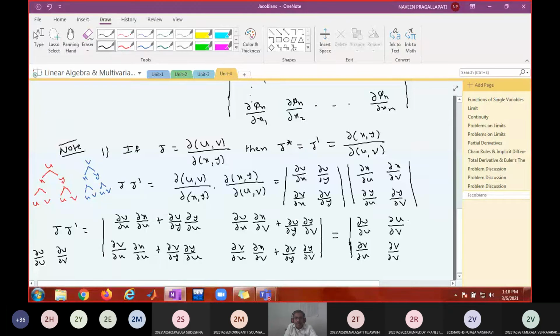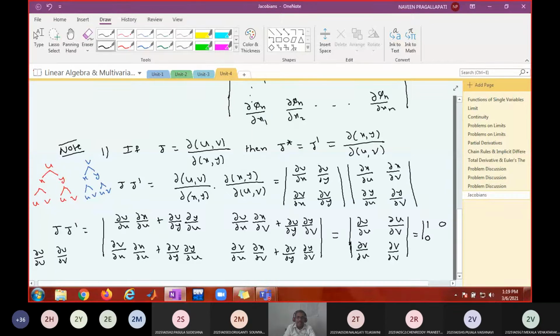But you know what ∂u/∂u is? The derivative of u with respect to u is how much? 1. What is ∂u/∂v? The partial derivative of u with respect to v is 0. Similarly, what is the derivative of v with respect to u? 0.